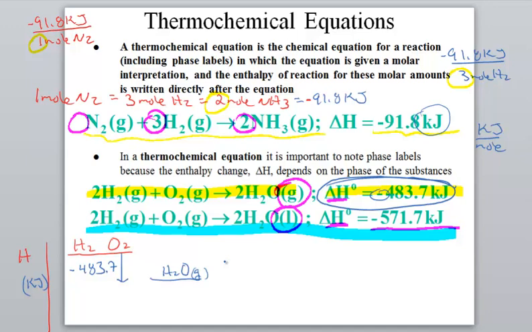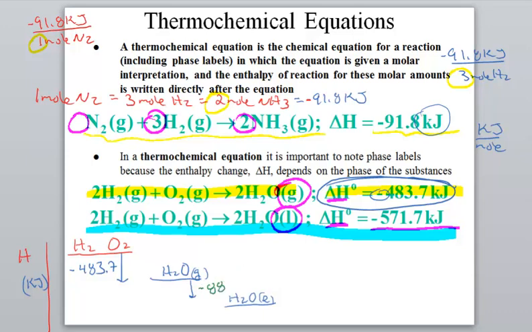Vice versa, if you wanted liquid water to become a gas, you have to add energy. So H2O, the liquid, is at a lower energy state. And from gaseous water to liquid water, that's an additional 88 kilojoules worth of energy for every 2 moles of water. So negative 88 kilojoules.